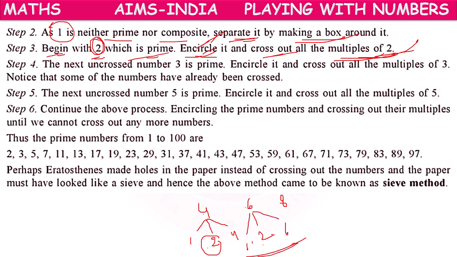So they will have more than 2 factors. All the multiples of 2 will have at least 3 factors: one is 1, another is the same number, and 2. So that's why we have to cross them out. All the multiples of 2 except 2 will not be prime numbers.